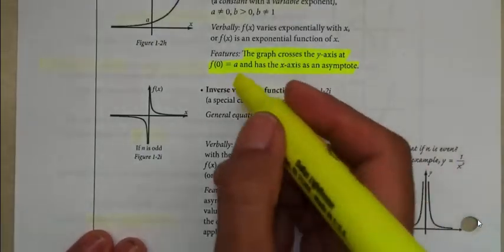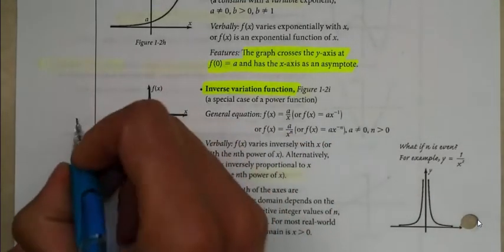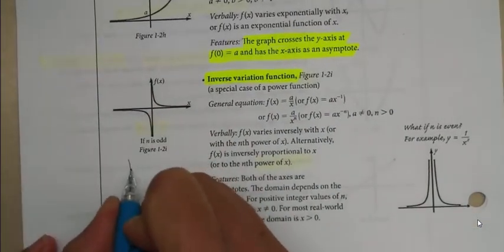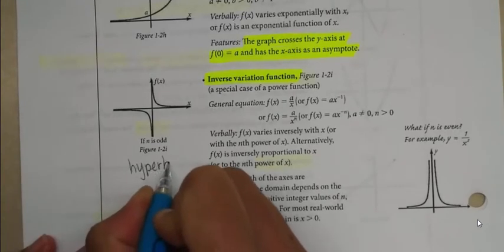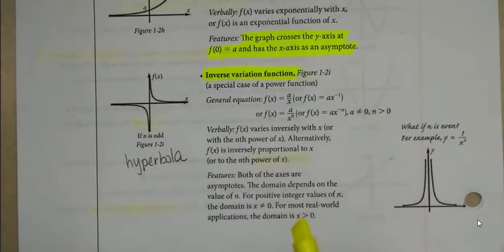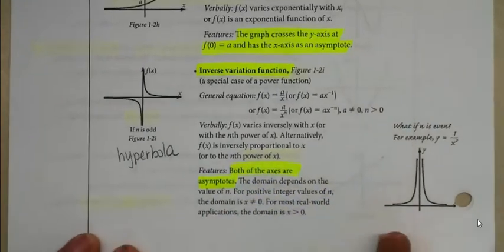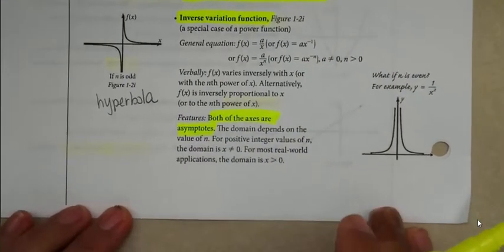Inverse variation function, also known as a hyperbola. I'm going to write that over here. That's the shape of the function. So basically, now you have two asymptotes. So both axes are asymptotes.